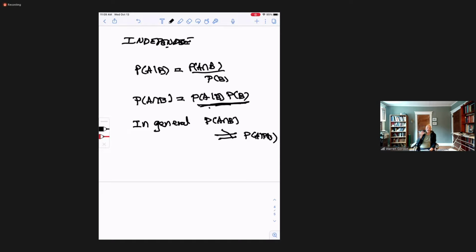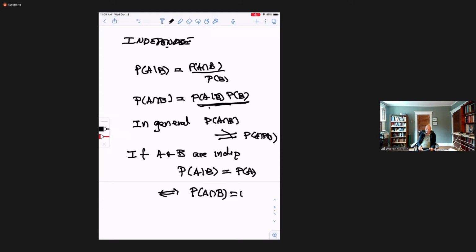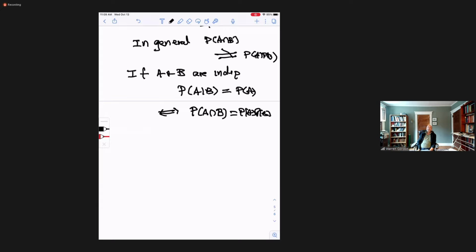Now, if in fact B and A are independent events, this will be one definition. If A and B are independent, what do we mean? It means one doesn't affect the other. Then P of A given B is just P of A. If they're independent, it means one outcome doesn't affect the other. So A is not affected in any way by B. Or equivalently, P of A intersection B is equal to P of A times P of B. So we have the following definition.